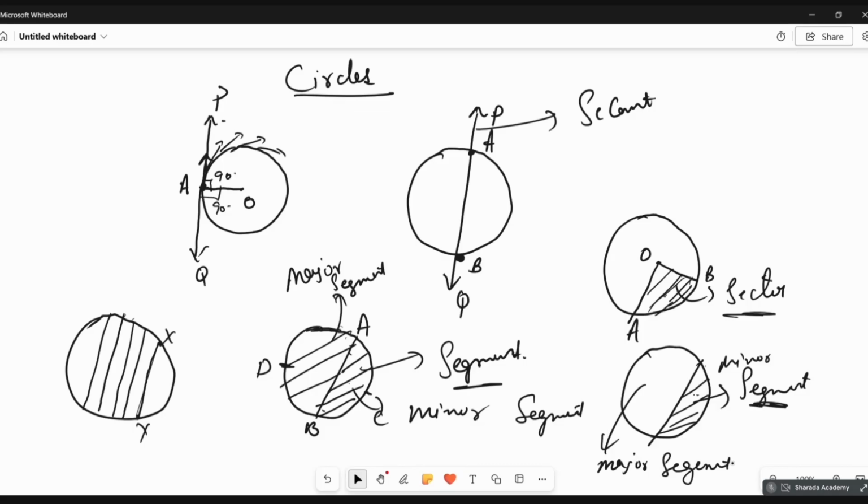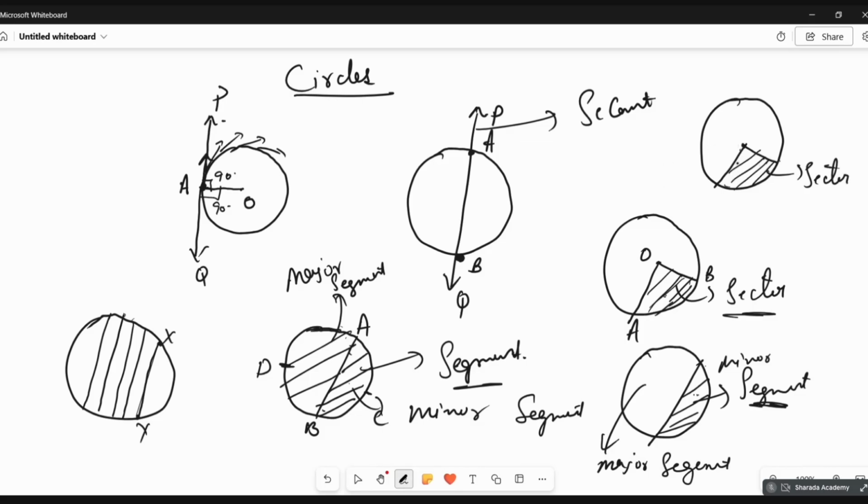Then we have the sector of the circle. It is the portion or area of the circle which is between the two radii and the arc of the circle. This portion we call the sector of the circle. Here also you can have a minor sector and a major sector.